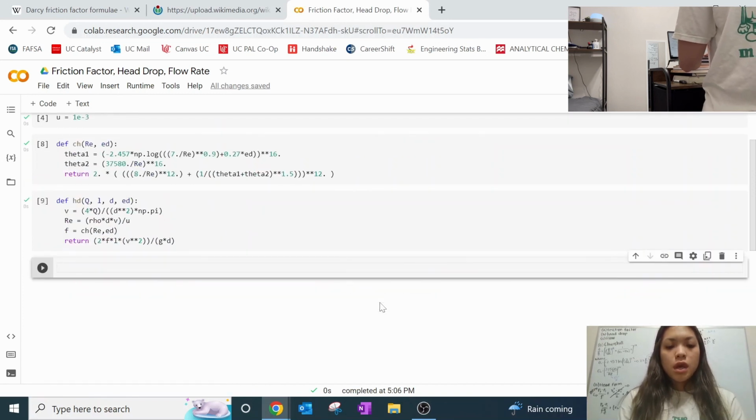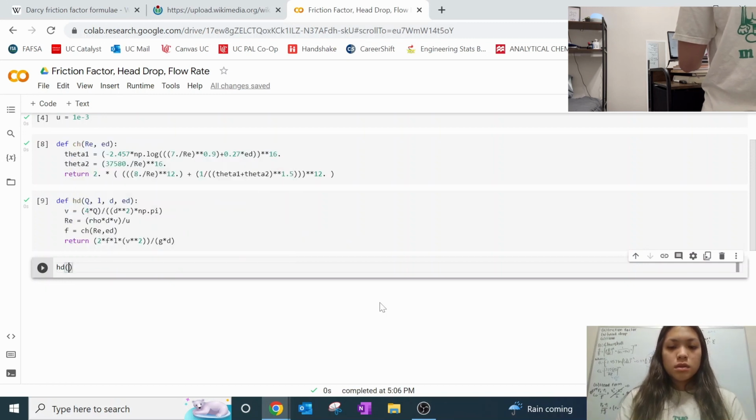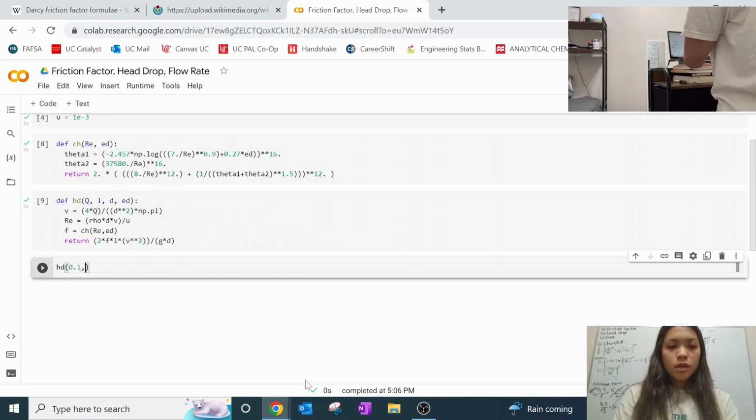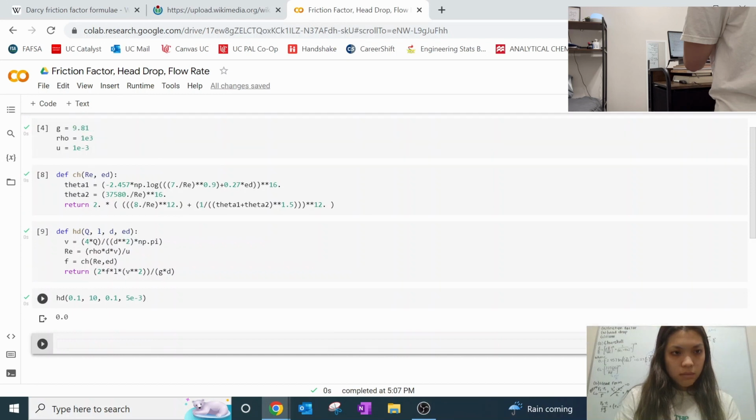So if we enter in some test values, we can use 0.1 for the flow rate, 10 for the length, 0.1 for the diameter, and let's just say 5 times 10 to the negative third for the roughness of the pipes. So that gives us, something is wrong, so it should have given us a number.